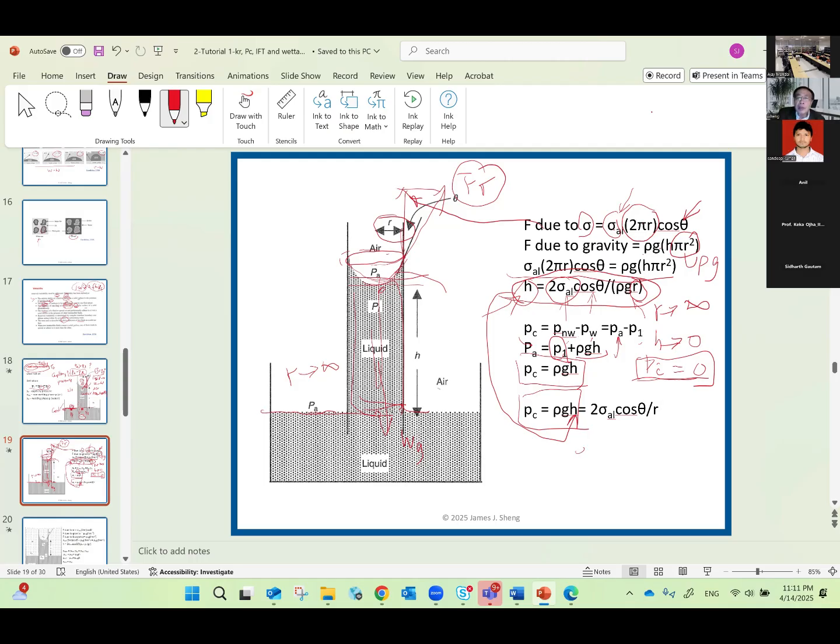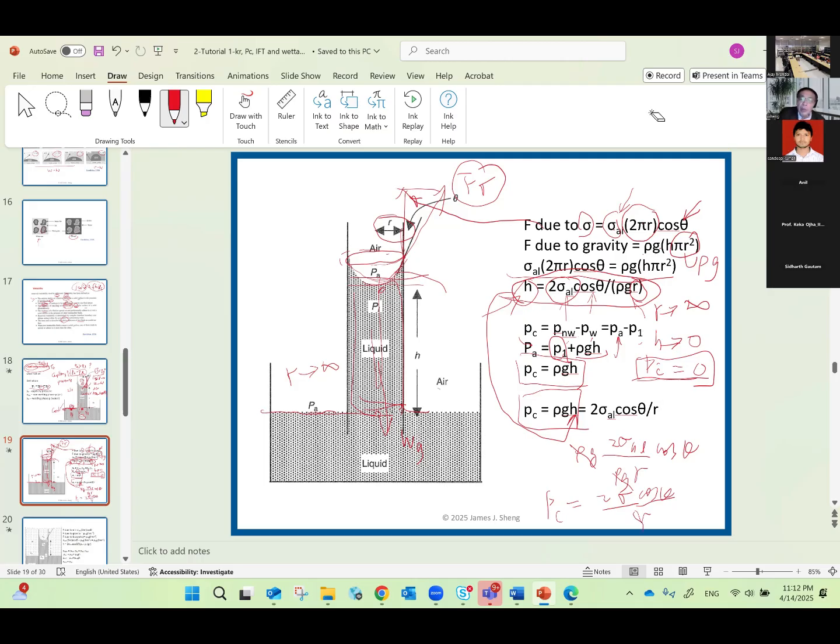So we have rho g times 2 sigma AL cosine theta divided by rho g R. We cancel these two. What are left is PC equal to 2 sigma cosine theta over R.